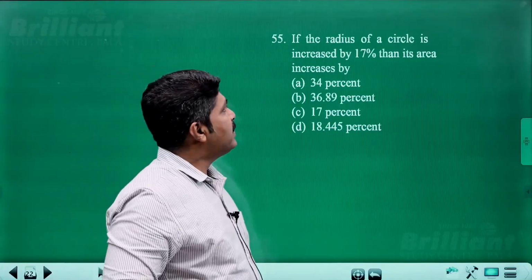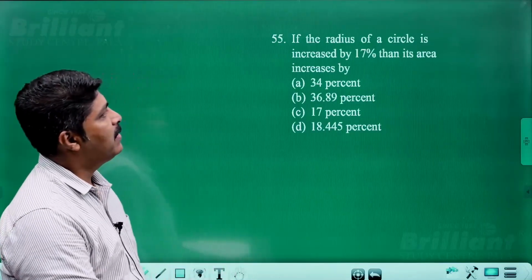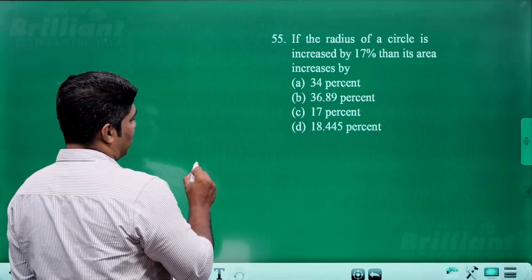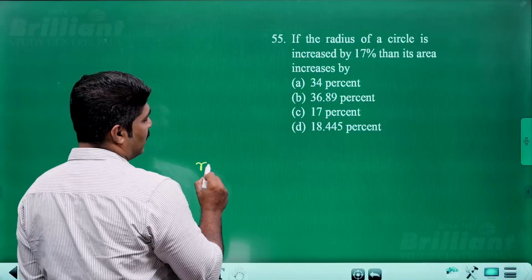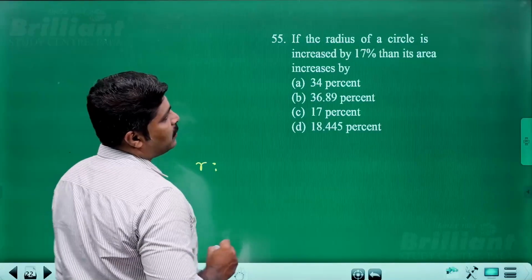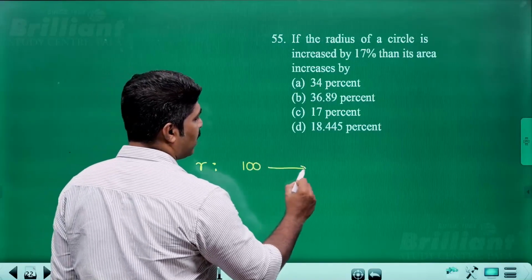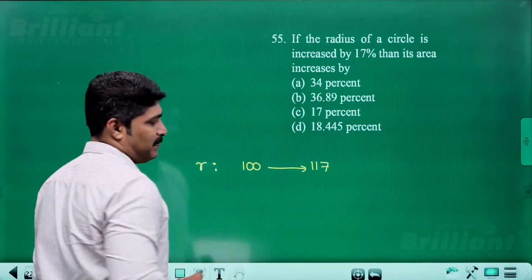If the radius of a circle is increased by 17%, then its area increased by. How we can consider this one? So radius here, what's the variation? Increased by 17%, you just simply consider 100 becomes 117.